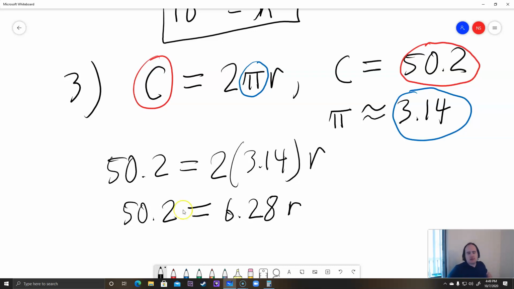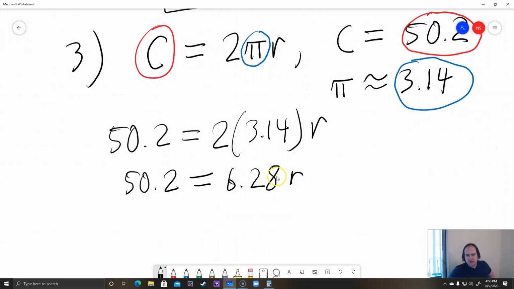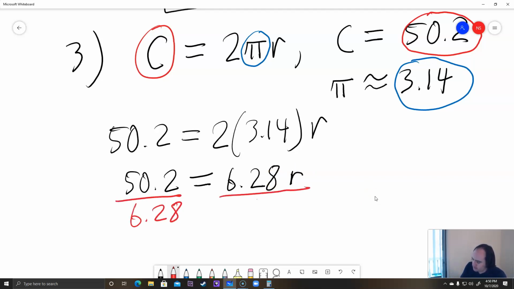Okay, and then the next step is we need to isolate r, and we have to divide both sides by 6.28. Because this is 6.28 times r, and the opposite of multiplying by 6.28 is dividing by 6.28. So I'm going to divide both sides by 6.28.